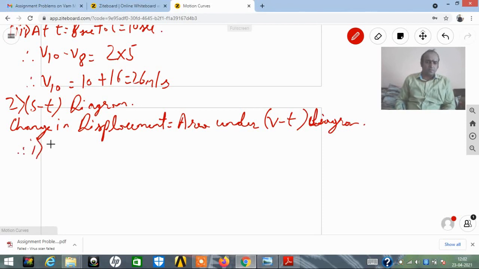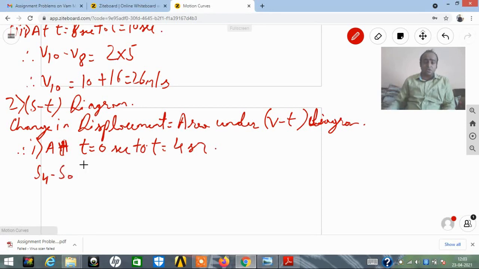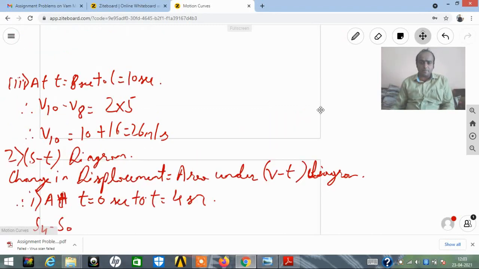Therefore, first at t equal to 0 seconds to t equal to 4 seconds, it is S4 minus S0. Just go to the velocity time diagram, my dear friends.